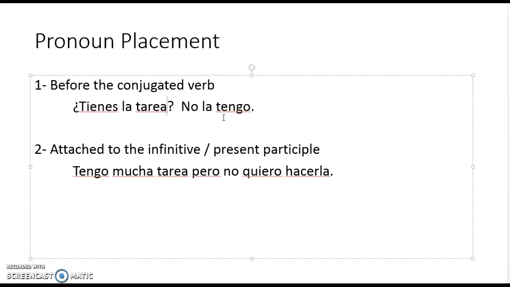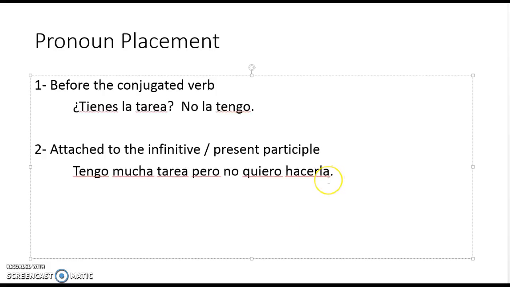No la tengo. Now, if the sentence has an infinitive or a present participle, that's the ando or yendo, we can attach it. But remember that every sentence has to have a conjugated verb, okay? So in this sentence, tengo mucha tarea, pero no quiero hacerla.